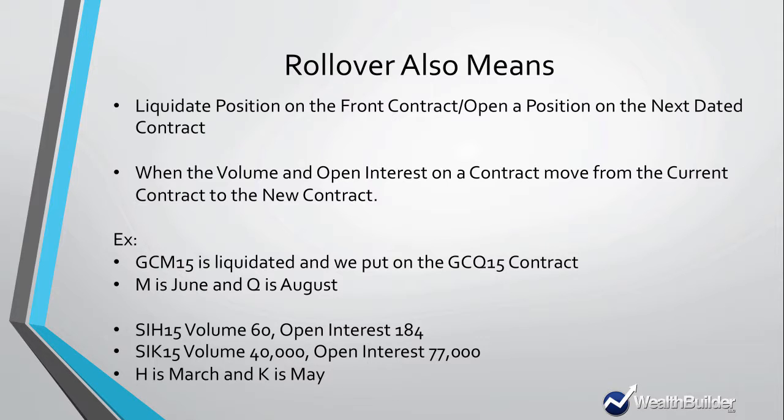Because of liquidity, you would want to move or roll over your position from this shorter term contract to the next contract of the same underlying instrument. So there are two reasons you would want to do it: because the contract is about to expire and there's more liquidity in the next month's contract, and liquidity and volume are key.